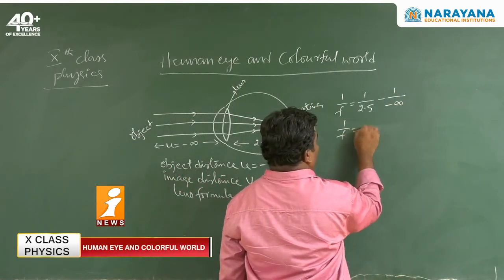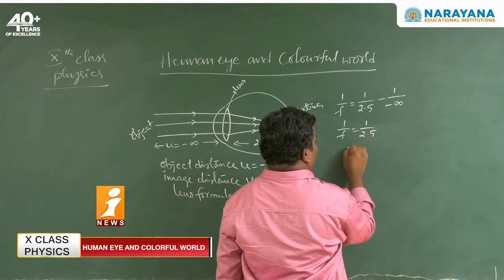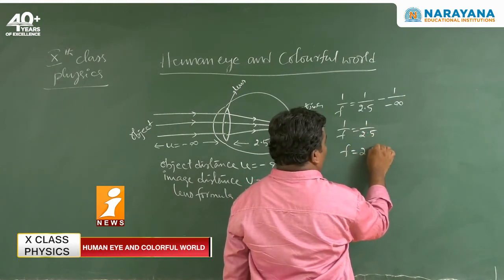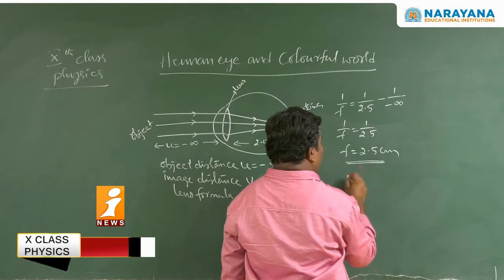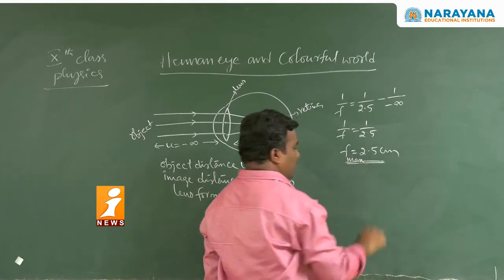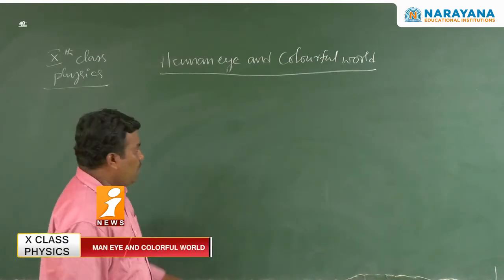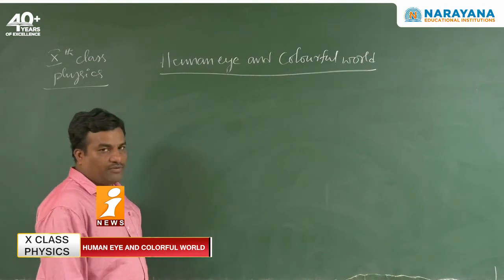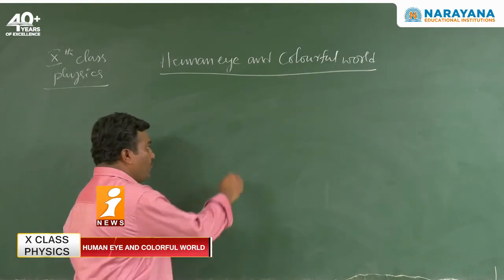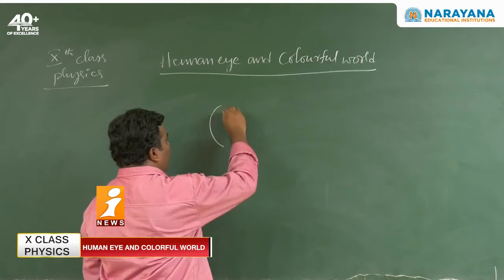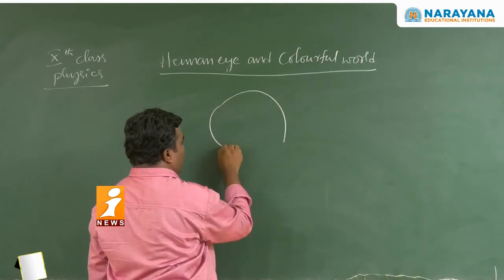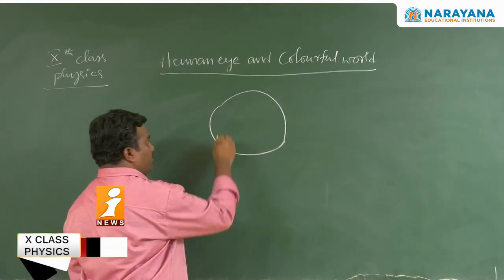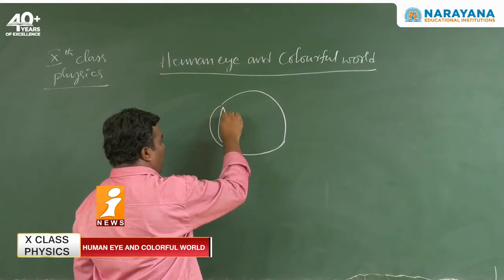So 1 by f is equal to 1 by 2.5, so f is equal to 2.5 centimeter. So it is the maximum focal length. Right now we find the minimum focal length. How do we get the minimum focal length? Again I am taking the eye. So here it is the eye lens.